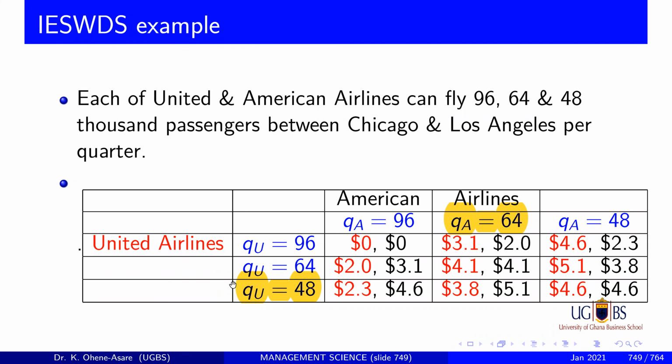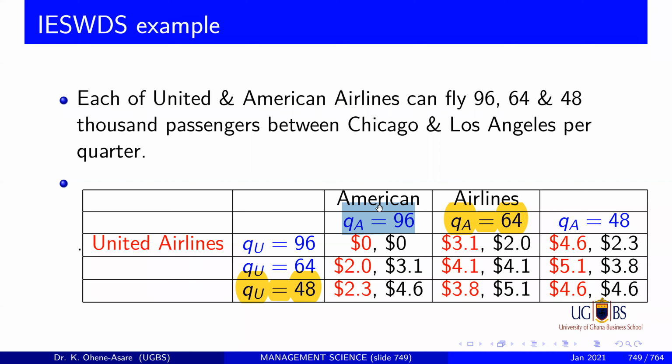What we do is ask ourselves, if American Airlines should fly 96,000, which is what I've just highlighted, which fly do you think United will go for? Using the payoffs, you will notice that United will go for 48 because 3.2 is better than 2.0 and is better than 0.